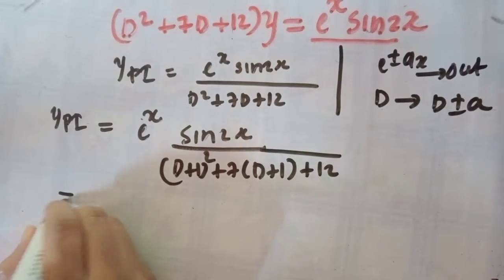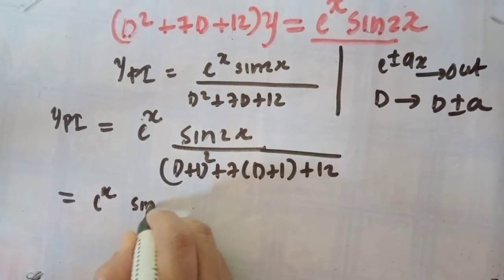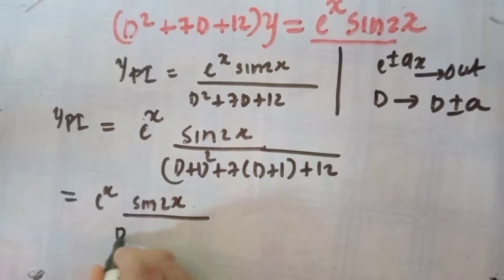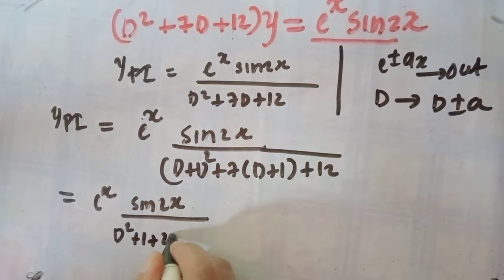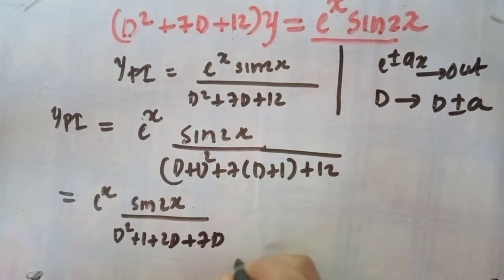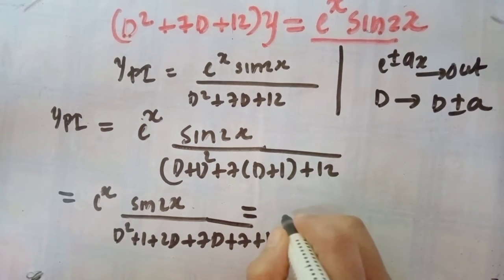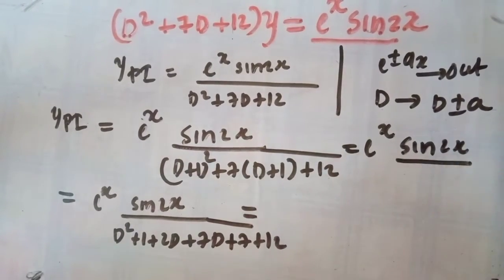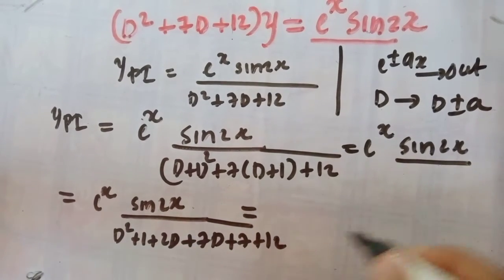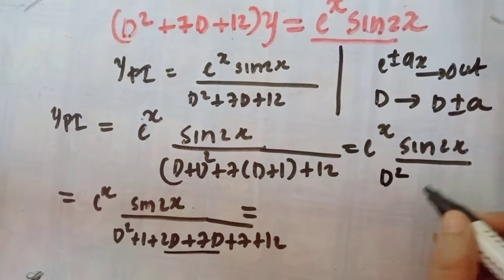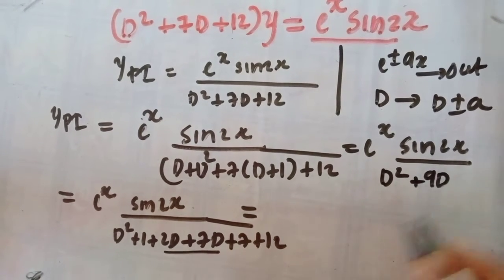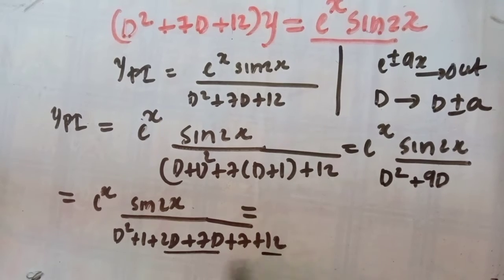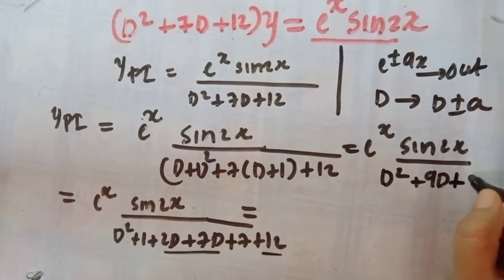That is e raised to x sine 2x divided by D square plus 1 plus 2D plus 7D plus 7 plus 12. After simplifying, we get e raised to x sine 2x divided by D square plus 9D plus 20.